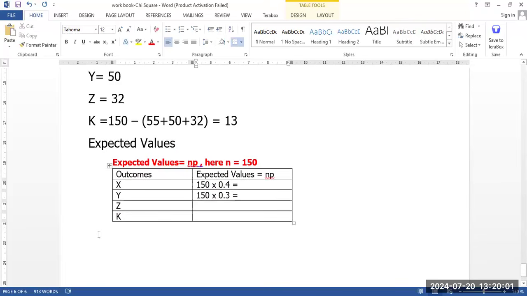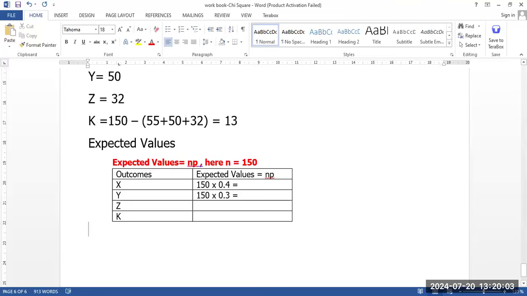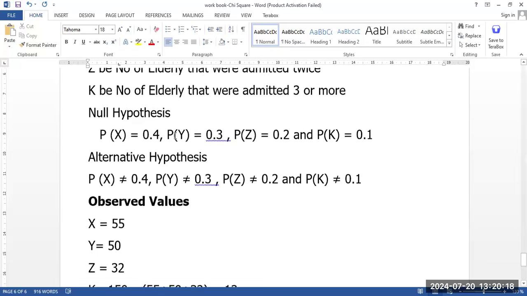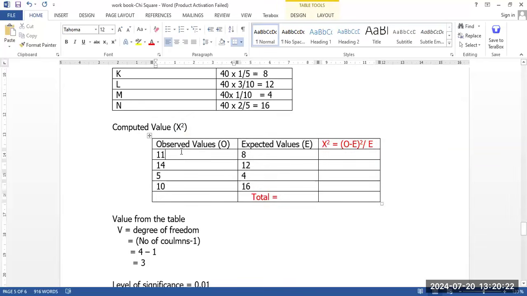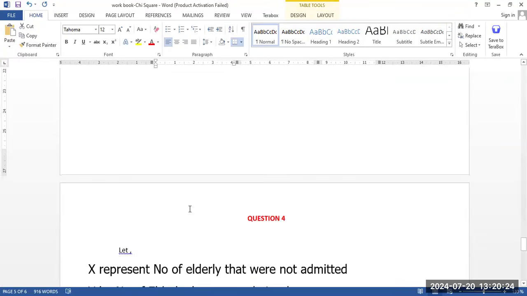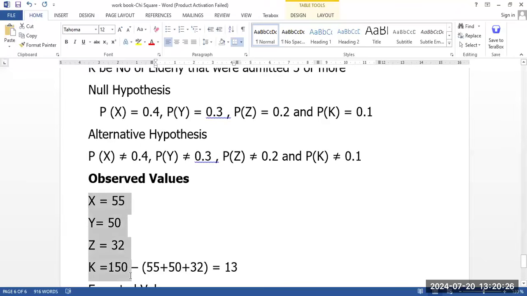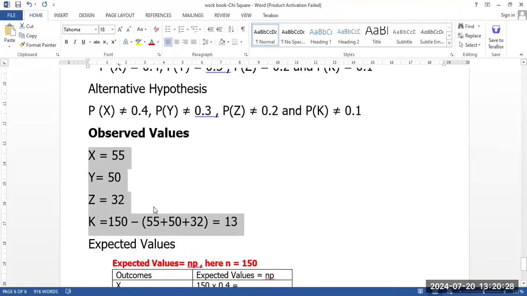Once you get the expected values, get the computed value, which is x squared. You draft this table and fill. Put here your observed values. Your observed values are here. These are your observed values.